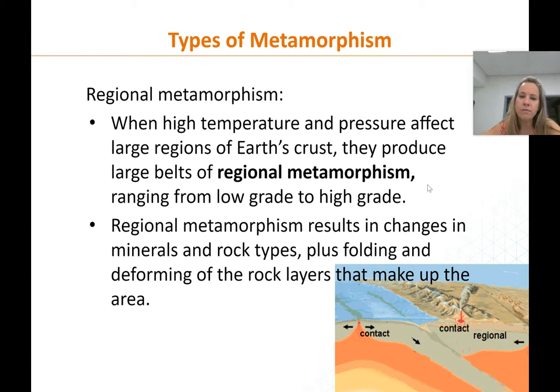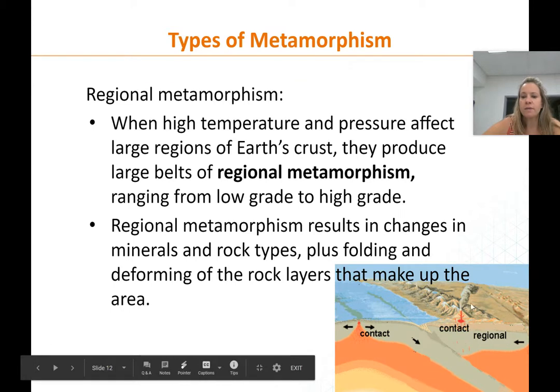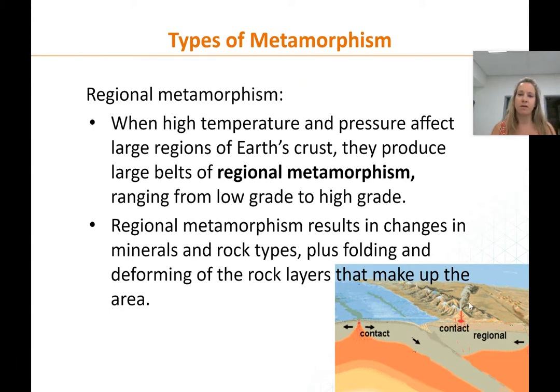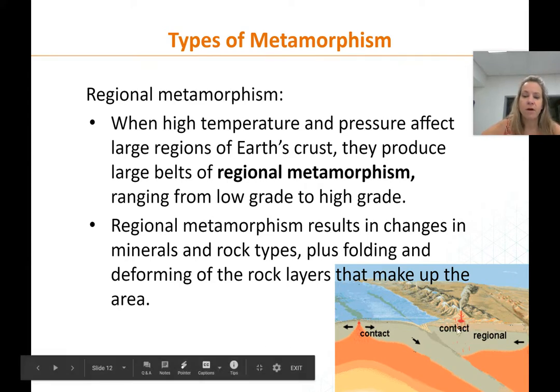All right, so regional metamorphism, like I said, is when you have a region. You can see I've got both in this picture. Regional would be this entire area is metamorphosed, like the entire Sierra Nevadas or coastal range of mountains are metamorphic. And then you've got contact, which would be near volcanoes like Lassen or Shasta. You would more than likely have both types of metamorphism.